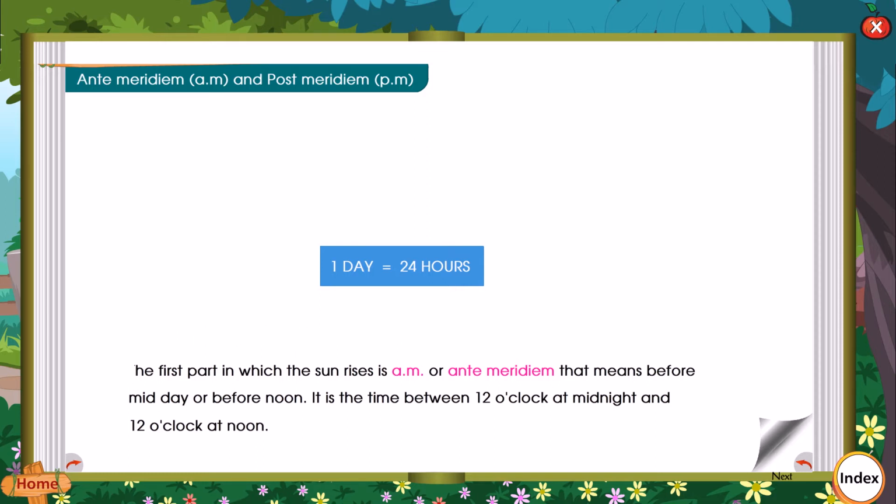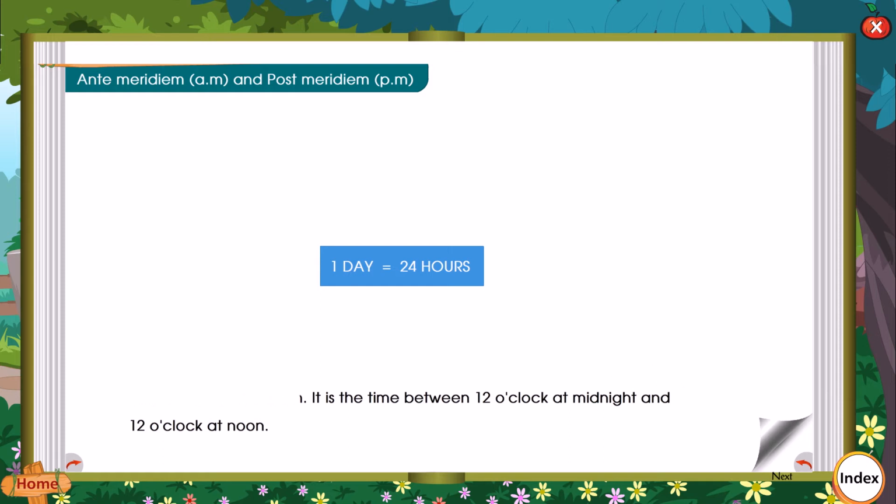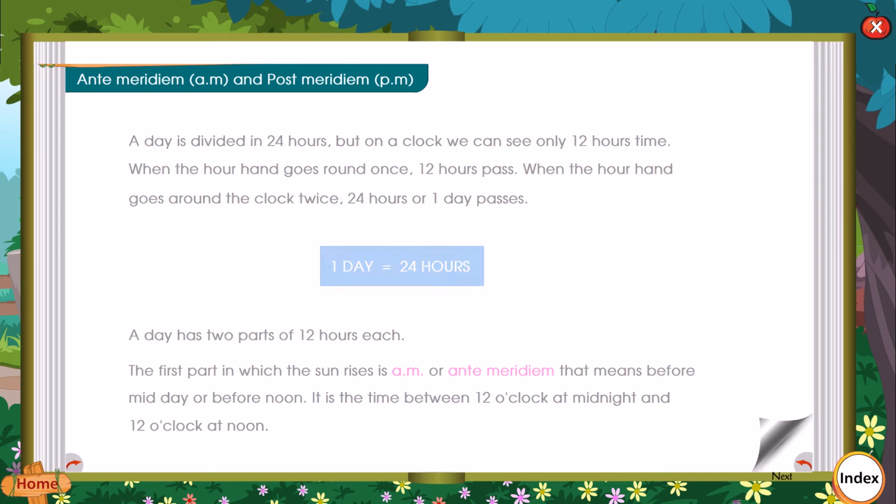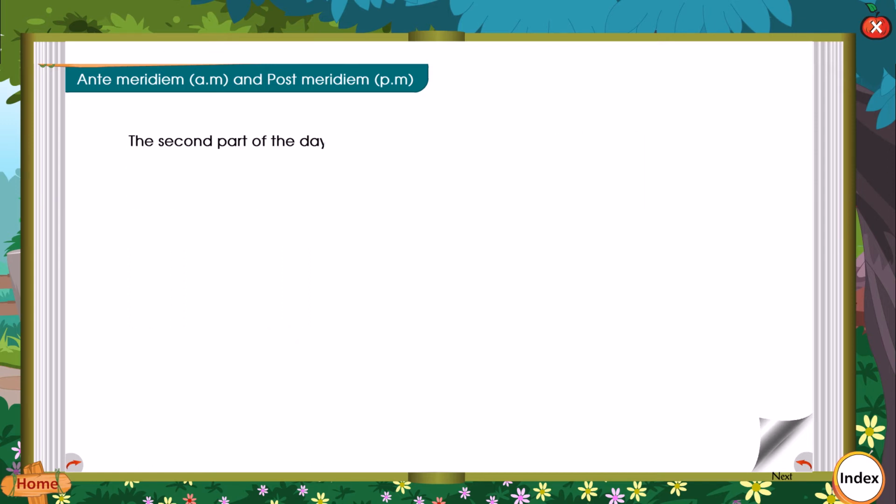The first part in which the sun rises is AM or antimeridiem. That means before midday or before noon. It is the time between 12 o'clock at midnight and 12 o'clock at noon. The second part of the day between 12 o'clock at noon and 12 o'clock midnight is shown as PM or postmeridiem.